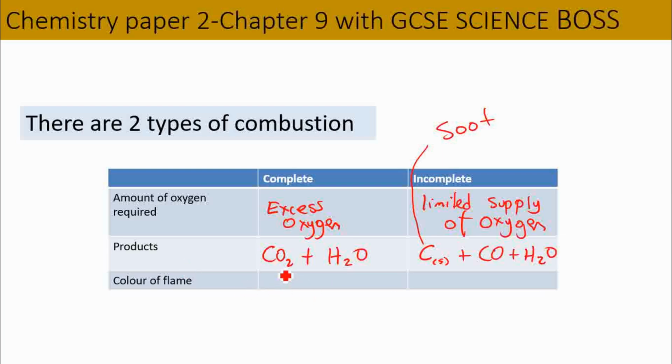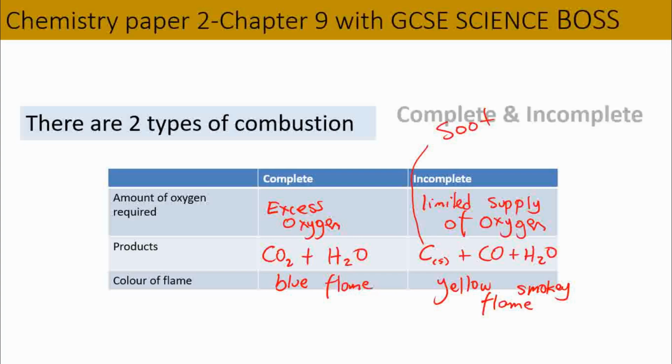All right. Now, in terms of the color of the flame, this one is going to be a blue flame, and this one is going to be a yellow smoky flame. This is because of the production of the soot, okay? A yellow smoky flame. All right.